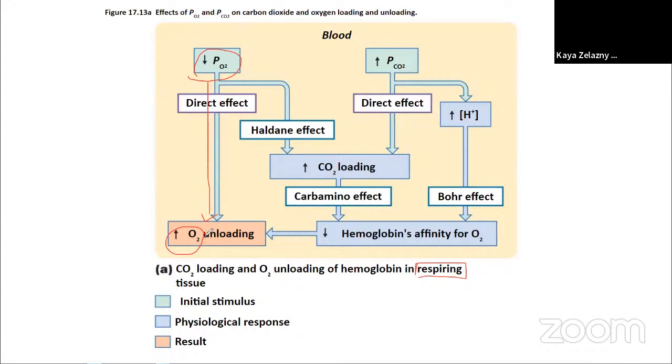So that's a direct connection between the dropping partial pressure of oxygen and the O2 unloading. But once we start to consider the carbon dioxide, there's a lot more going on. So we have 2 reasons at the tissue that we are increasing the carbon dioxide that's getting into our blood.